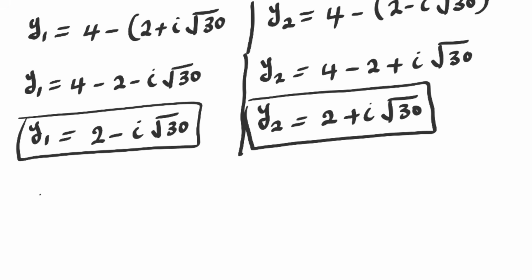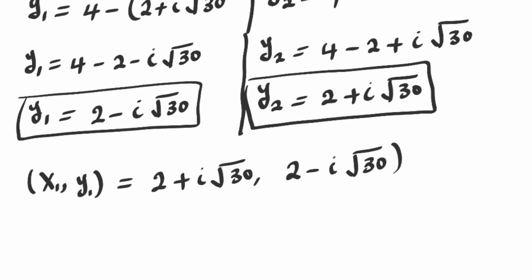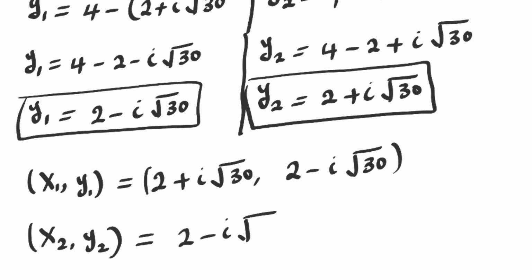Therefore, our final answer are x1, y1 is equal to 2 plus i root 30, 2 minus i root 30. x2, y2 is equal to 2 minus i root 30, 2 plus i root 30.